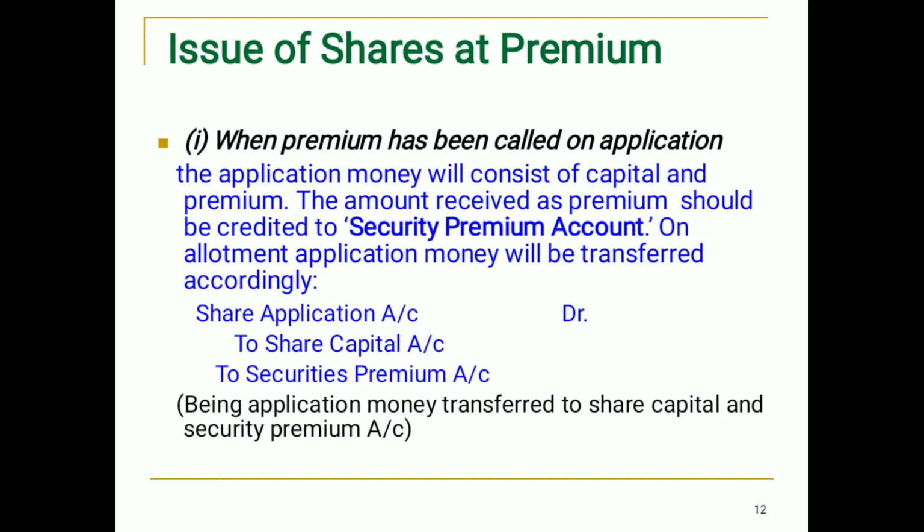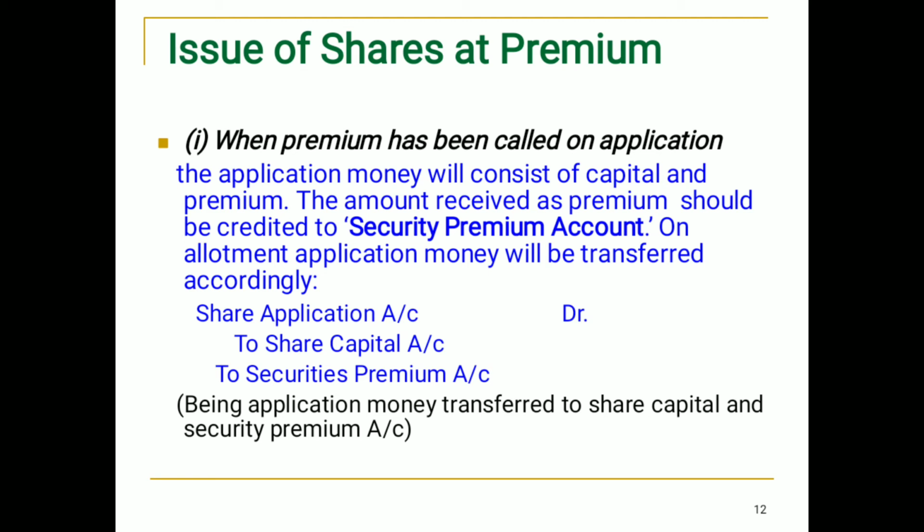I repeat, the journal entries that we have understood previously remain same. You just have to make minor variations for the issue of shares at premium. The first journal entry will remain same, bank account debit to share application account.